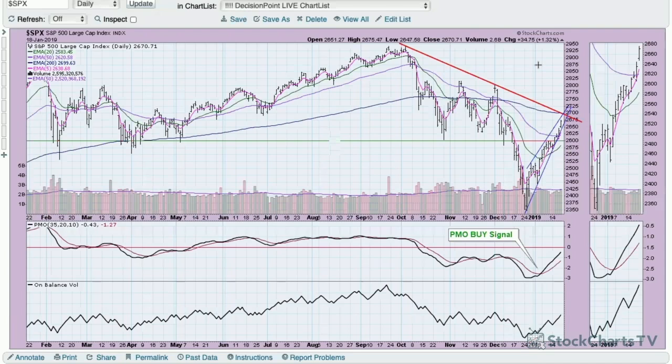At this point, the main thing I'm watching for is this declining tops trend line. It would technically take us out of the declining trend if we manage to get back up there. I don't think it's going to be the saving grace necessarily, mainly because I don't think we're going to get past it, and if we do, it would only be a little bit. And the reason being, a lot of us are pointing out this rising wedge.